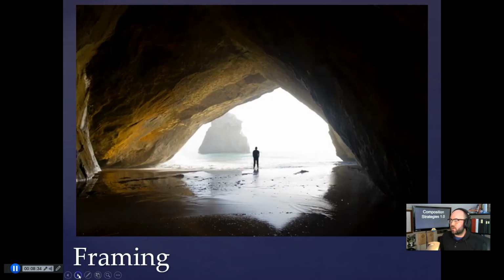Okay, and our next one, our last composition strategy, is framing. And in framing, you're looking for natural frames that help to focus the viewer on whatever you want them to focus on. So for instance here, you have the individual and he's framed within this rocky kind of opening, which is really cool.